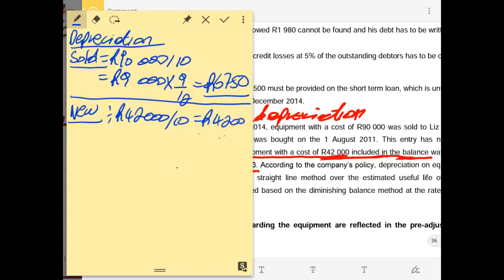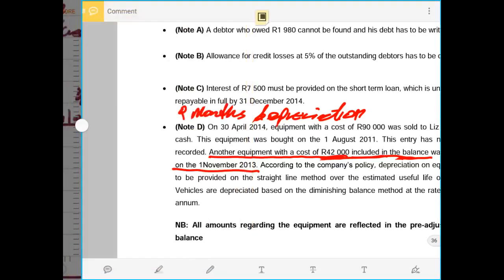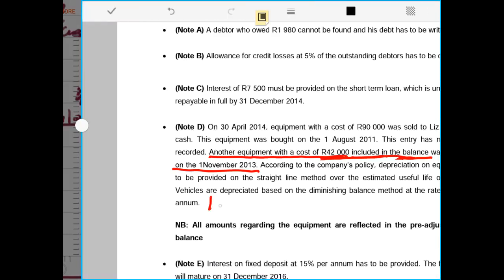It was in the business from the 1st of November, so from November until the end of the accounting period we must count the number of months. It was in the business from 1st November 2013, then December, January, February, March, April, May, June, July 2014.